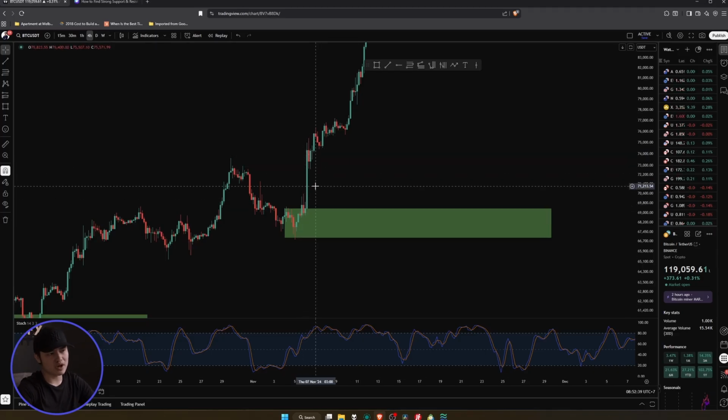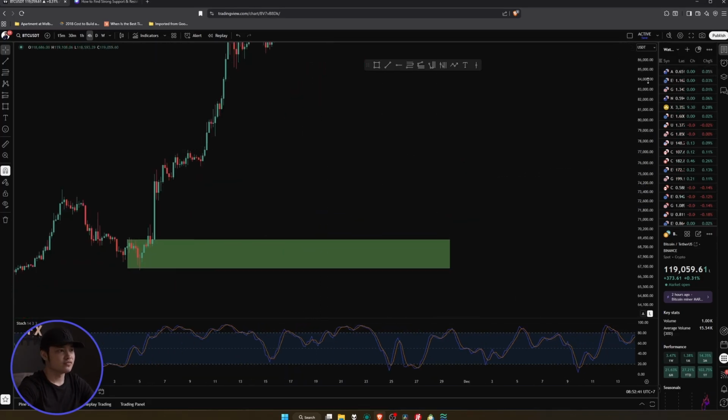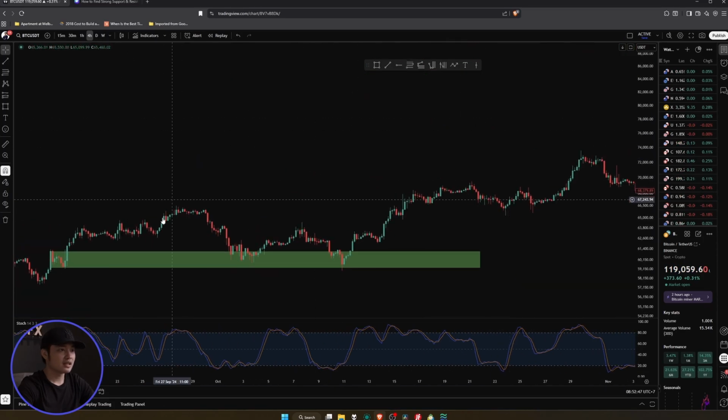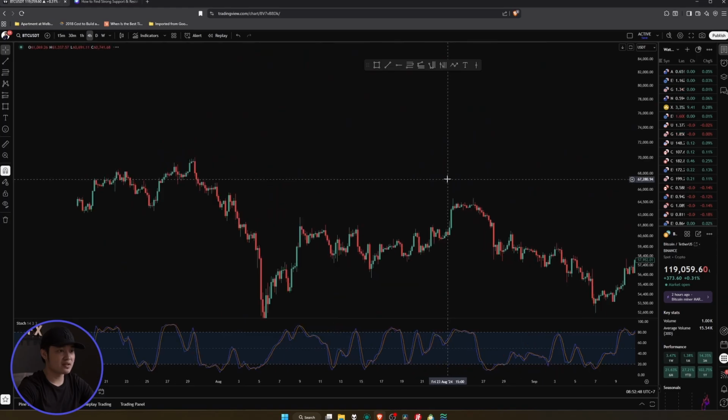This is a Marubozu candle. Okay, very strong support.